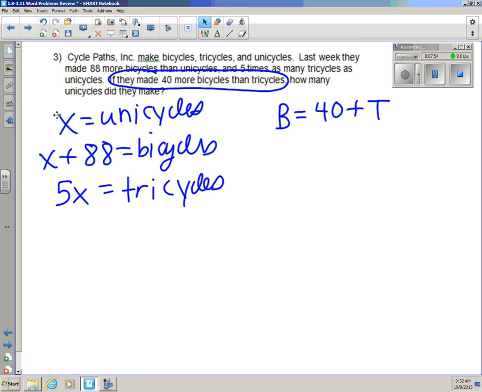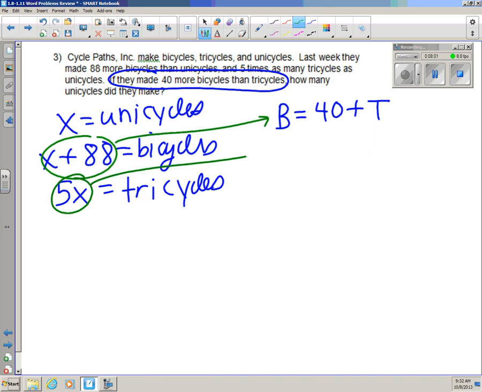So what are we going to do here? We're going to take bicycles and dump it in for B. We're going to take tricycles and dump it in for T. Unicycles is not being used when we solve it, but we are going to solve for x. That's what gets us unis.